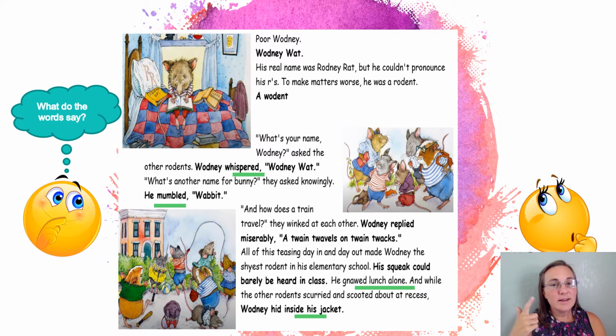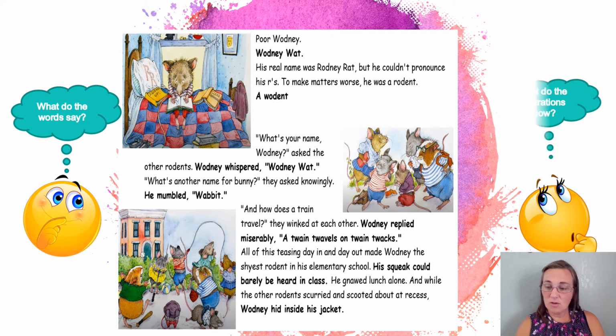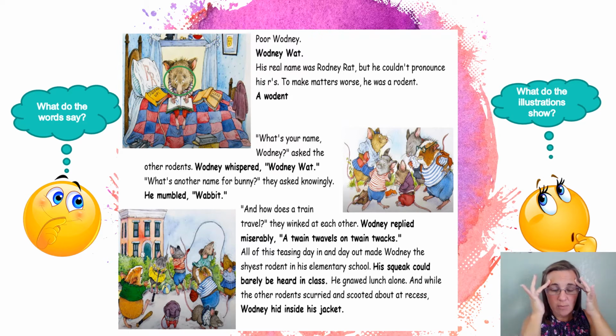I'm already getting kind of an idea of what kind of character Rodney is, but I want to also ask myself, what do the illustrations show? So now I'm going to look carefully at the illustrations and see what they show about Rodney. Well, in the first illustration, I noticed that Rodney's eyes are down, his eyebrows are sad, his eyes look droopy.